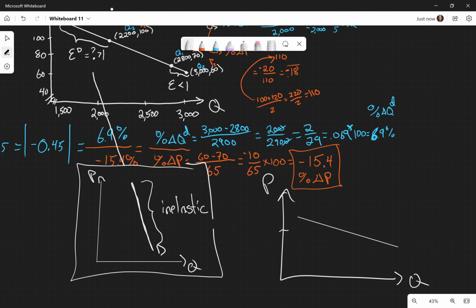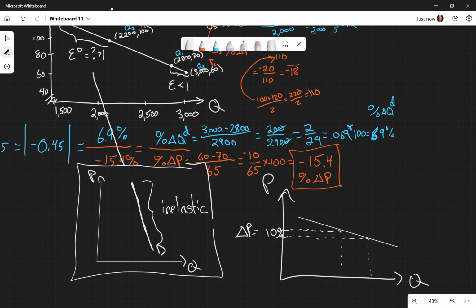Where, if I change my price by 10 cents, that's my change in my price, there's going to be a significantly larger change in my quantity demanded. And instead of 10 cents, I should probably say if there's a 10% change, right?